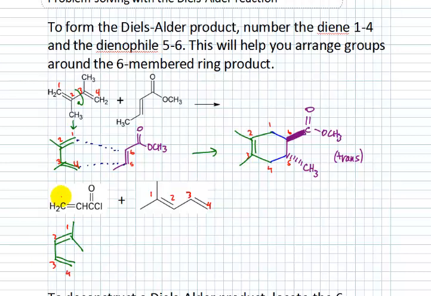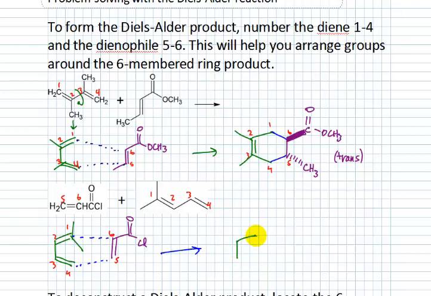So here's the dienophile. Let's redraw that. C double bond OCl. 5, 6. New bond between 4 and 5. New bond between 1 and 6.